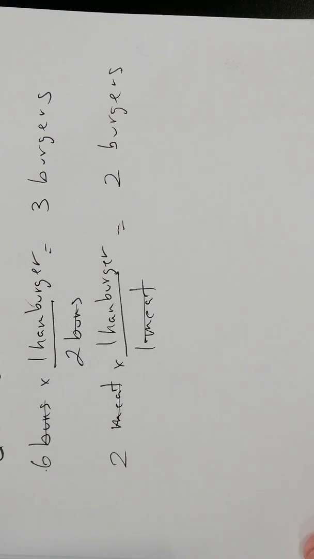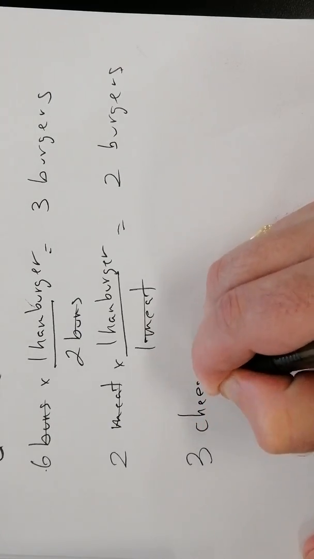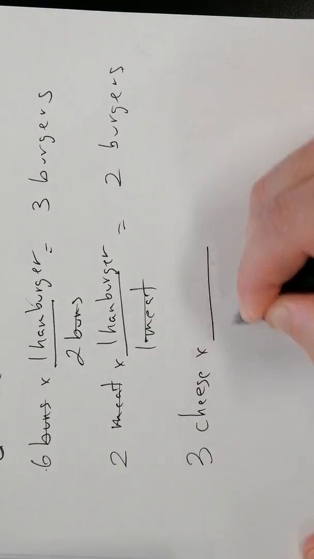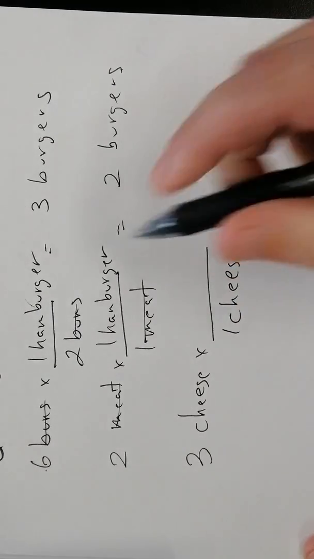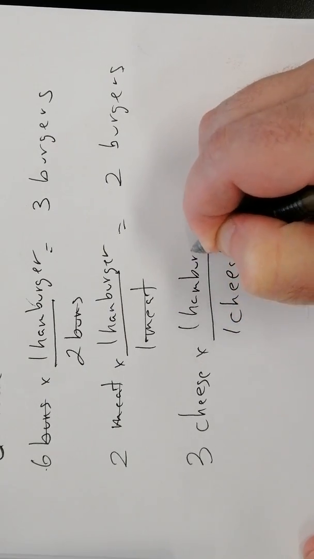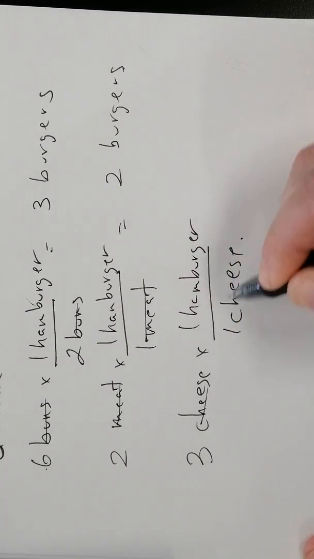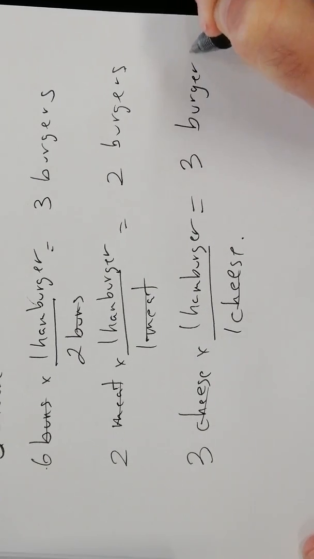Then 3 cheese: my equation says 1 cheese for 1 hamburger. Cheese cancels. I can make 3 burgers.